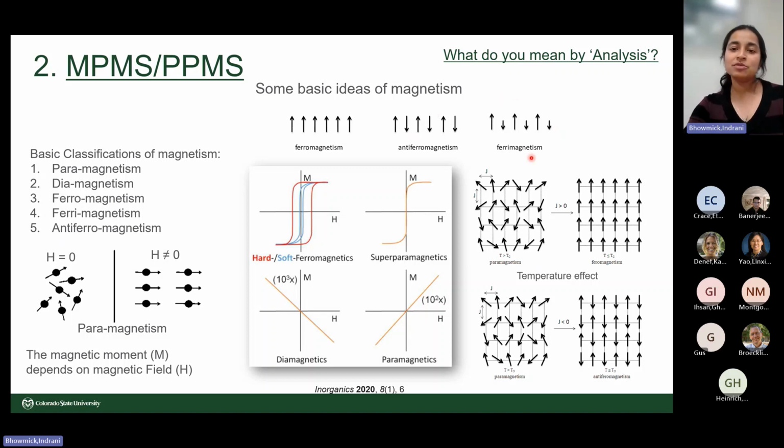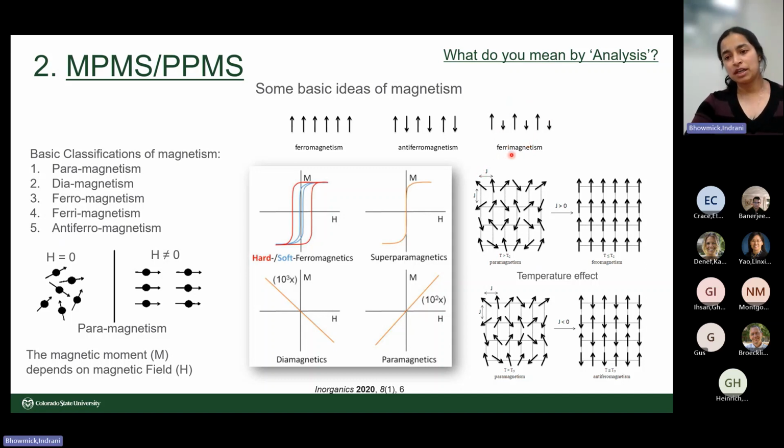And then ferrimagnetism is most interesting in a way, because here you have parallel and anti-parallel spins in your material. So now you have control over how much parallel and anti-parallel interaction you want, to tune what moment, what temperature, what magnetic field you want, or how you want to design your device. And that's where a lot of science actually relies on ferrimagnetism.